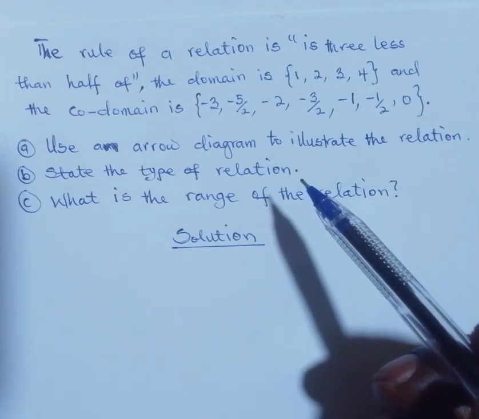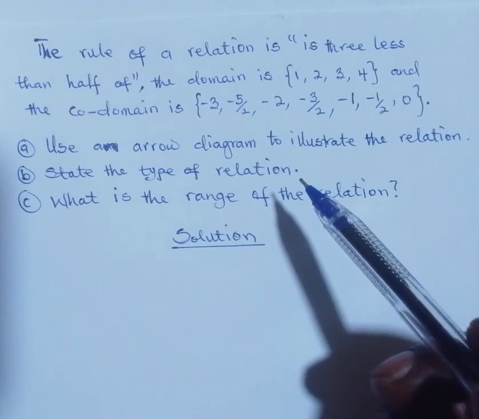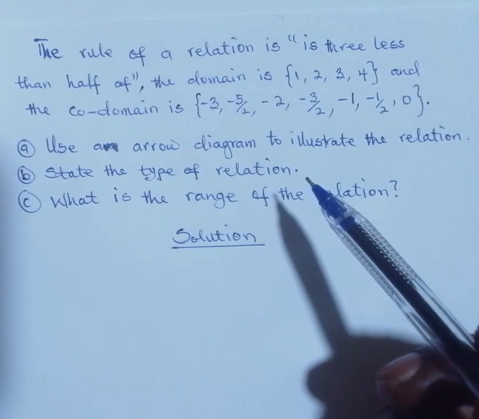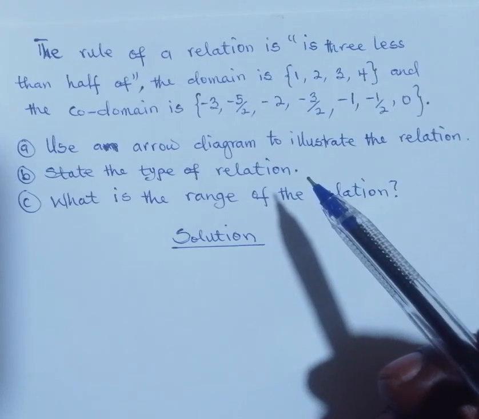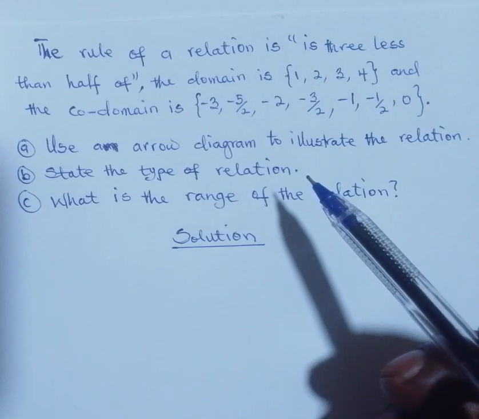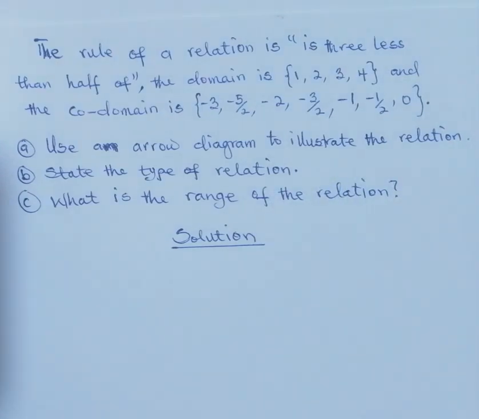The domain is given as 1, 2, 3, and 4, and the codomain is also given as -3, -5/2, -2, -3/2, -1, -1/2, and 0. We are to use an arrow diagram to illustrate the relation, state the type of relation, and find the range of the relation.